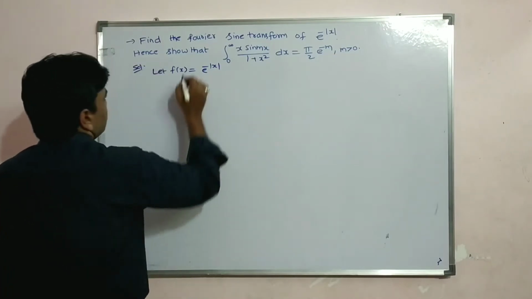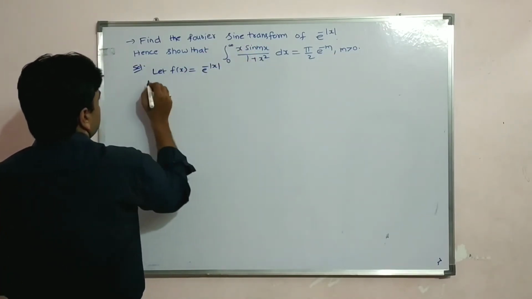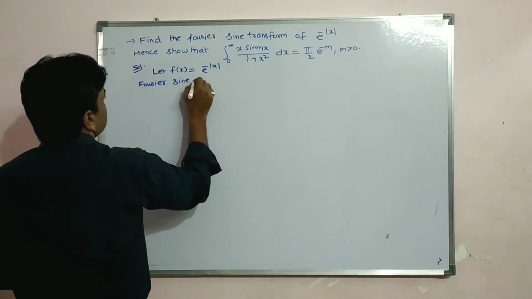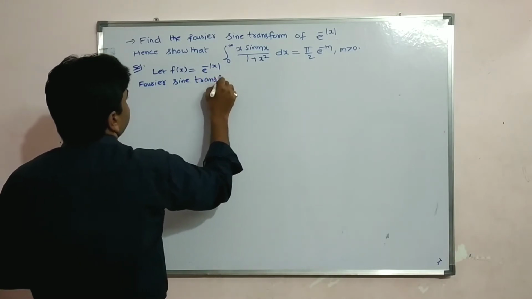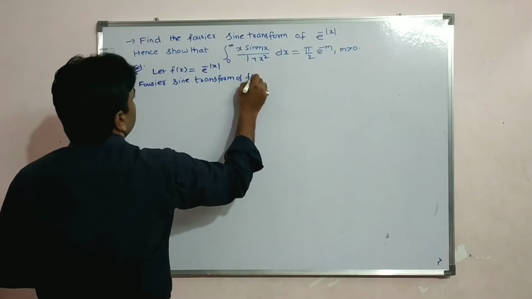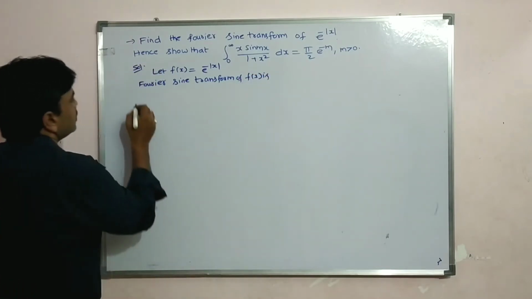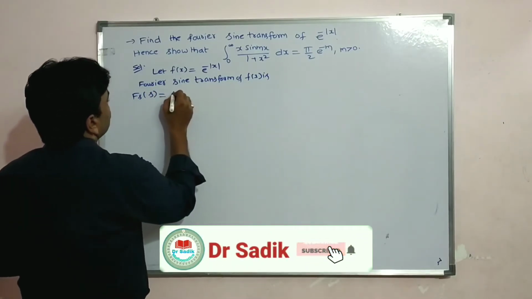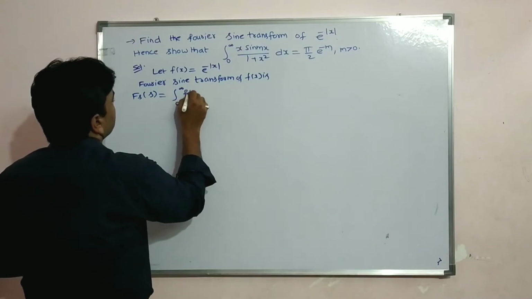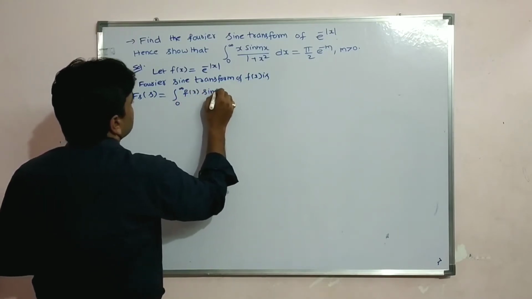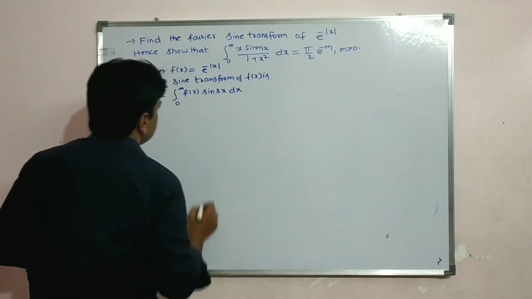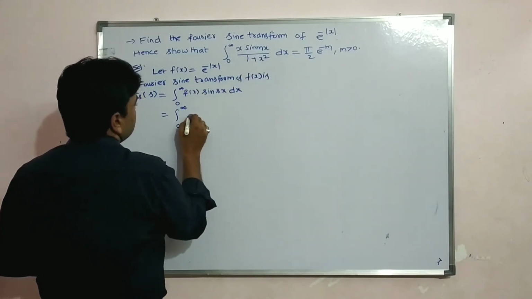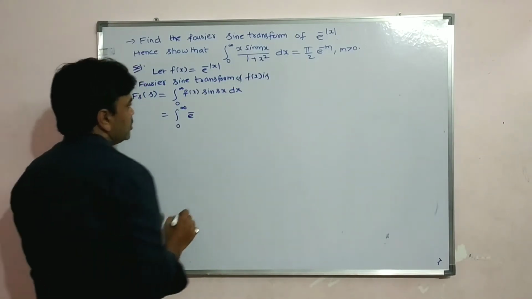We are finding here the Fourier Sine Transform. The Fourier Sine Transform of f of x is Fs of s, that is equal to integral 0 to infinity f of x sin sx dx.